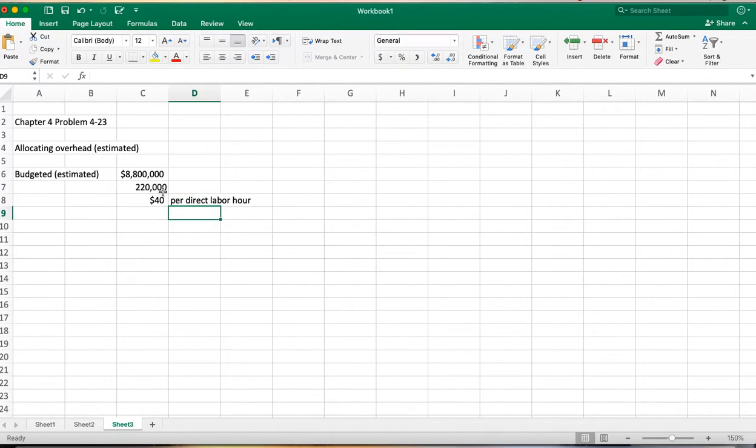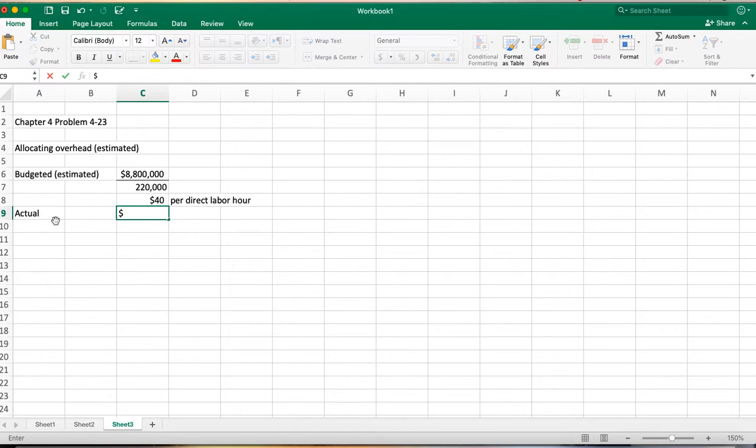So what we're saying is this year we think that our estimated indirect manufacturing is going to be $8,800,000. We think our estimated direct labor hours, which is what we believe drives up our overhead, is going to be 220,000, and so therefore every direct labor hour we work on a product or a job, we're going to apply $40 of overhead.